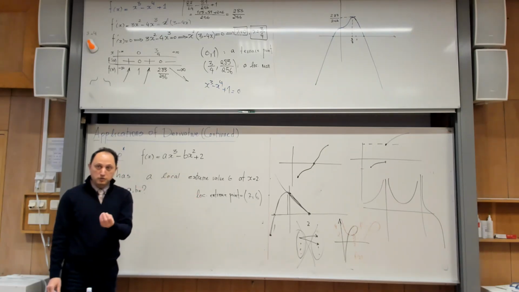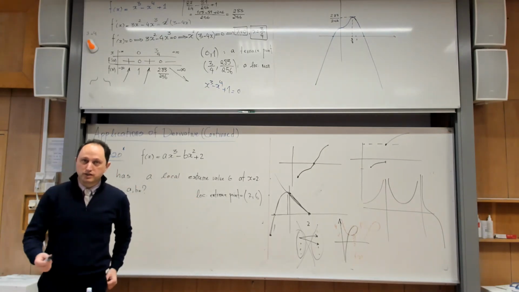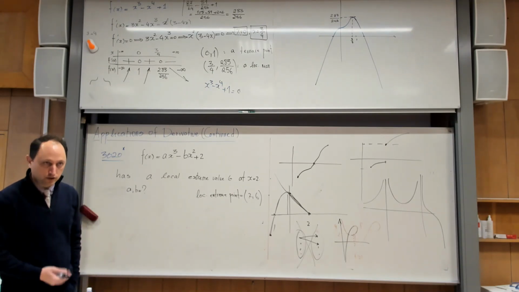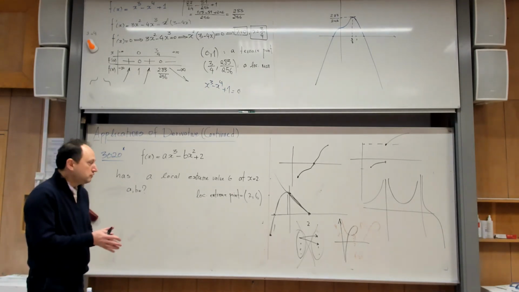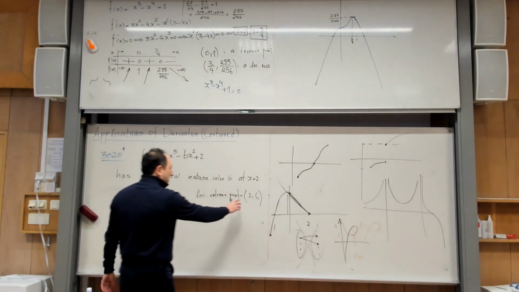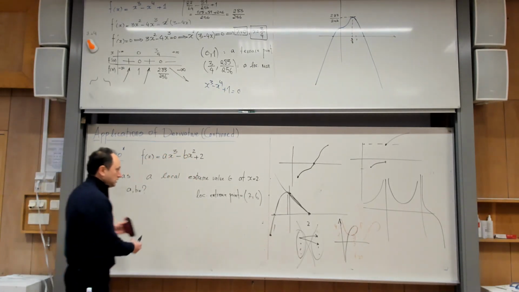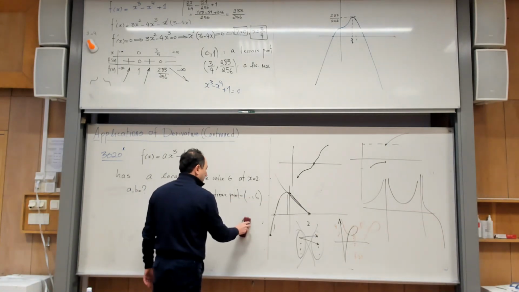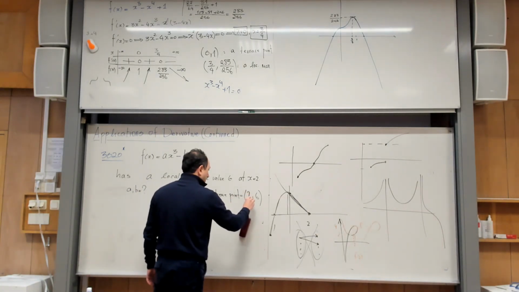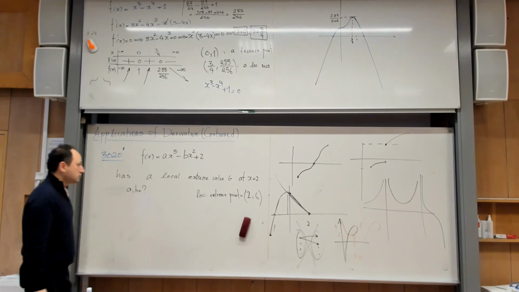So it means that its coordinates should satisfy the equation of the function. That is without derivative at all. Should you plug in 6 as f of x and 2 as x? Yes. So let me write it here so that you are not confused.